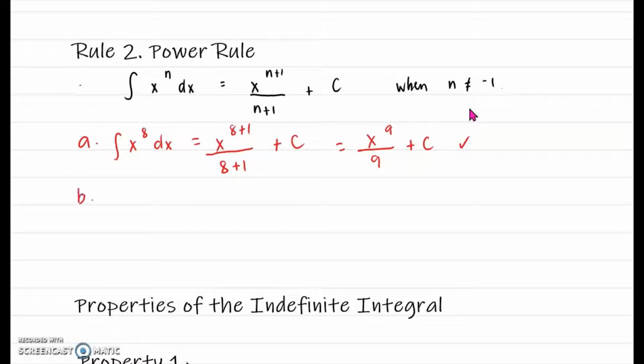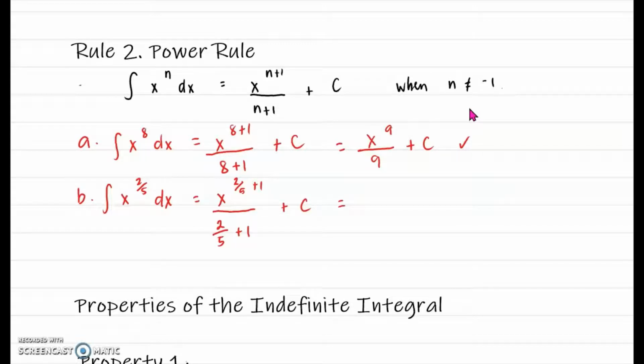Let's have another example. Let's evaluate the integral of x raised to 2/5 with respect to x. So here, our n is a fraction. So we have x raised to 2/5 plus 1 over 2/5 plus 1 plus c.